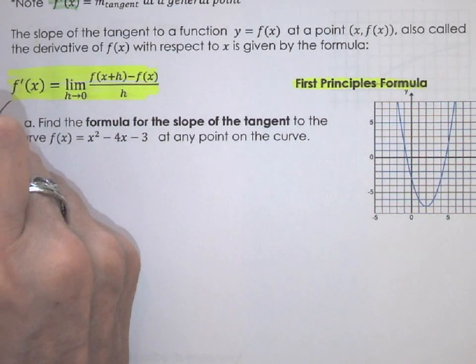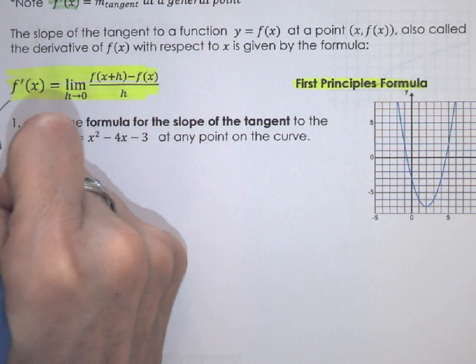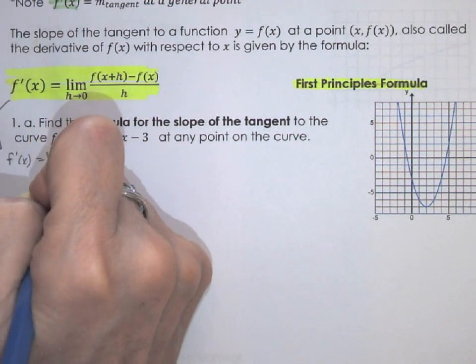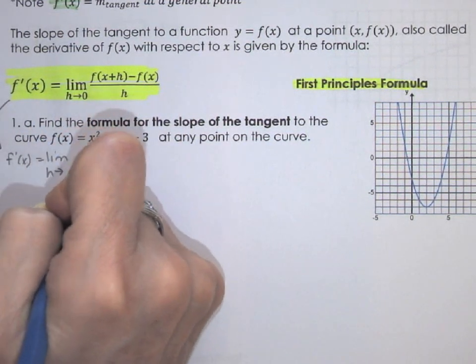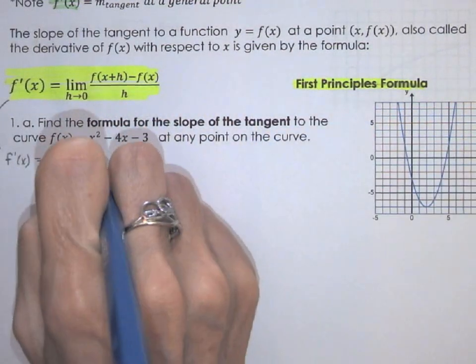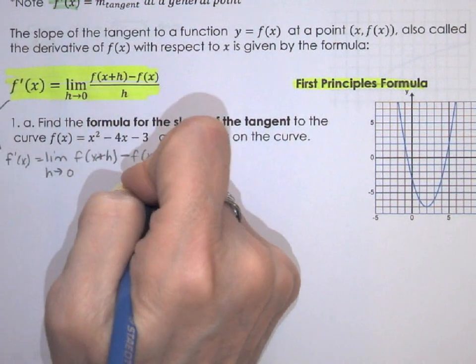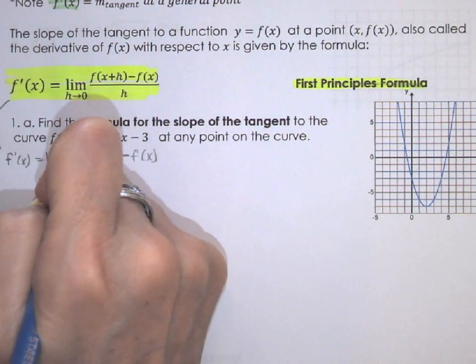So we're going to use first principles. F prime at x is the limit as h approaches 0 of f at x plus h minus f at x all over h.